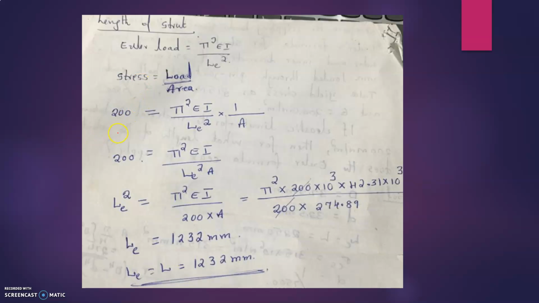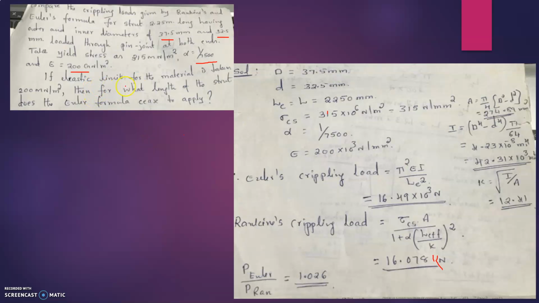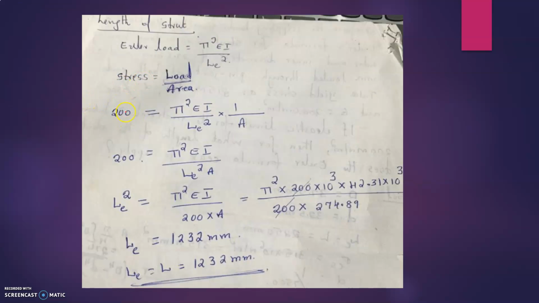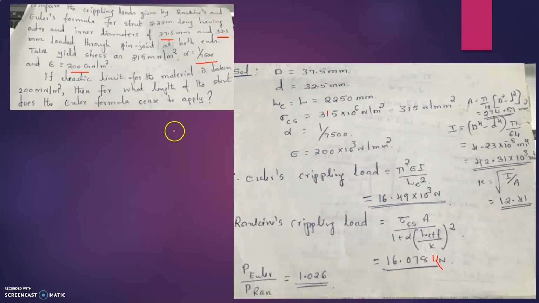The elastic limit is 200 meganewton per meter square, that is 200 into 10 raised to 6 Newton per meter square, or 200 Newton per millimeter square. Now you have to take Euler's load, because in this question it is asked for the length for which Euler's formula applies.